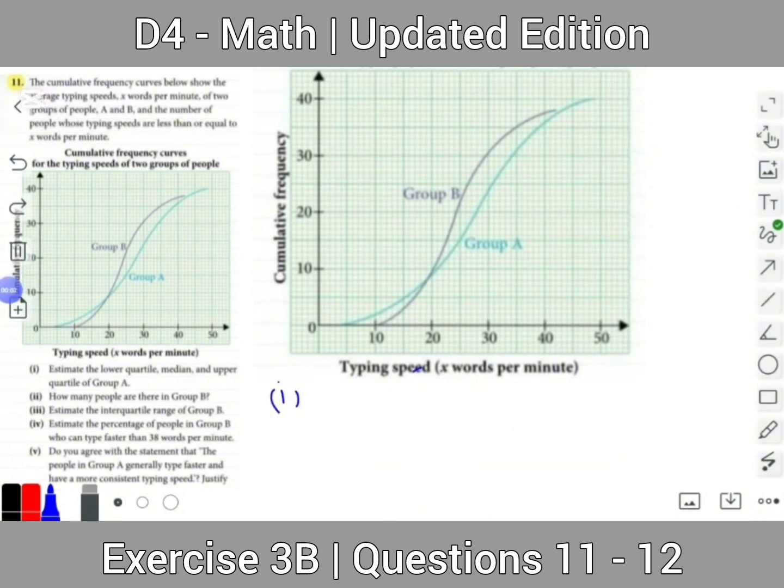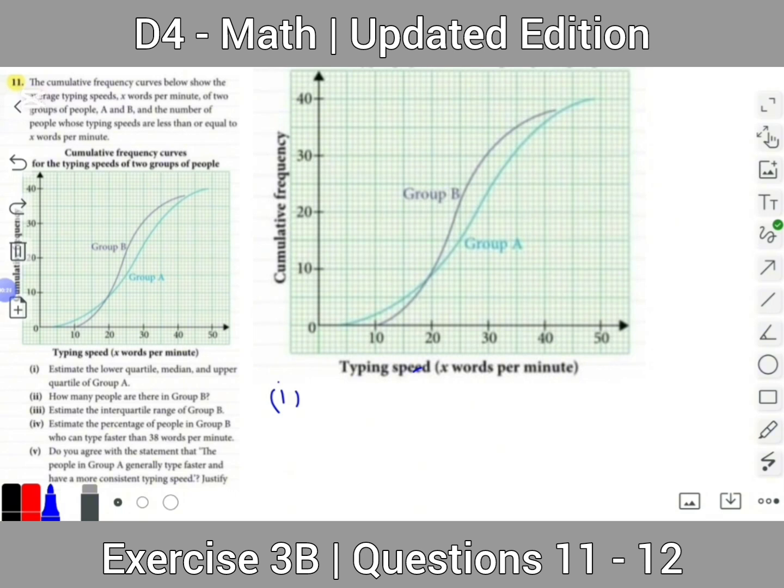Since we know that the highest cumulative frequency is equal to the total frequency, by using this fact, first we will locate the highest cumulative frequency from the curve.